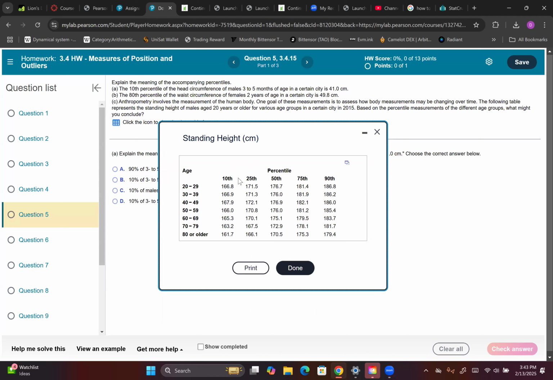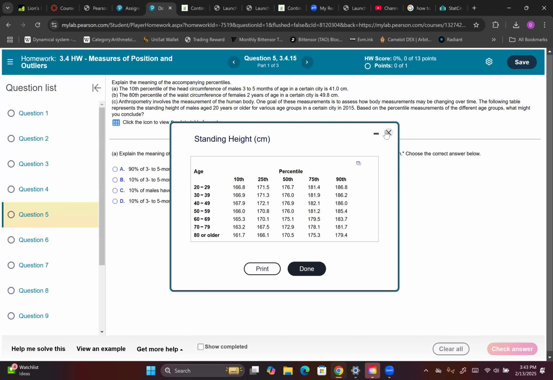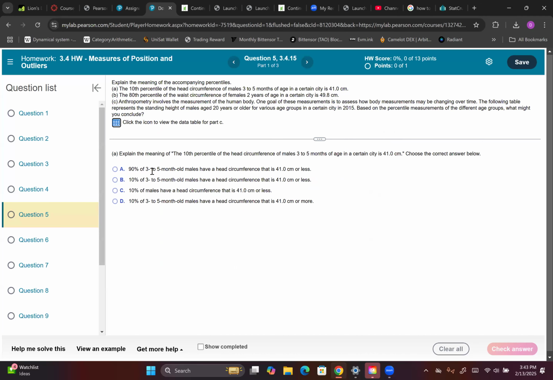Okay, so percentiles we can think of as related to the area under the curve, right? So 90%, let's read each one. 90% of 3 to 5 month olds have a head circumference that is 41 centimeters or less. 10% of 3 month olds, 41 centimeters or less. 10% of males have a head circumference.